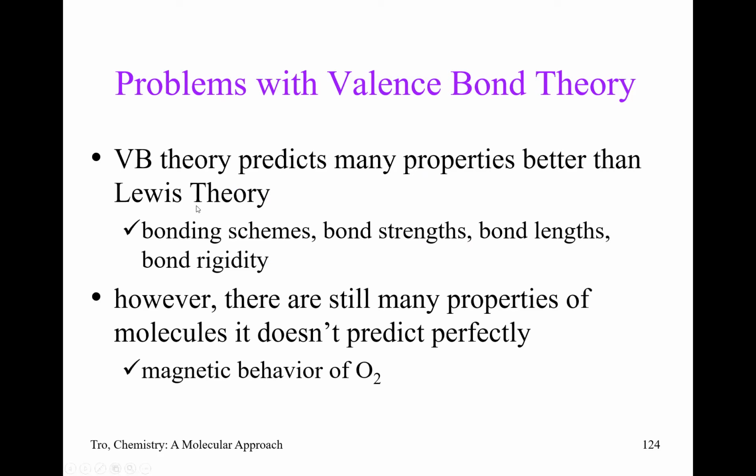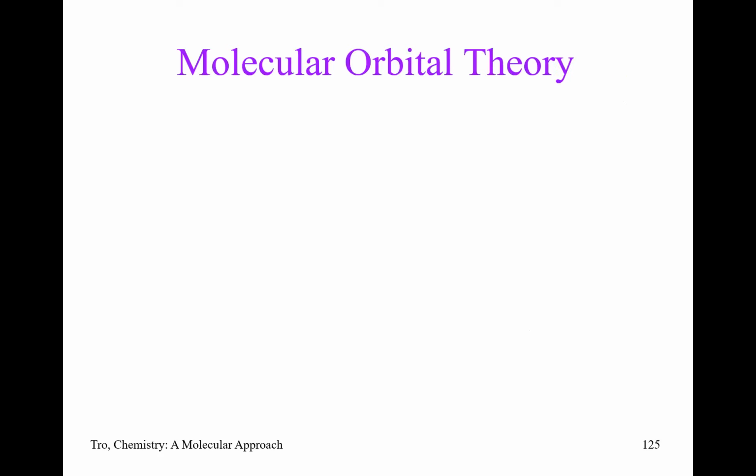Valence bond was better than Lewis, but there's still some of these things that were implied here in the beginning, that magnetism, paramagnetic versus diamagnetic, that it didn't fully explain. So from valence bond, we're going to talk about MO, or molecular orbital theory.